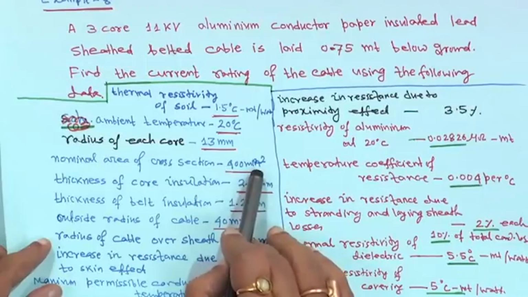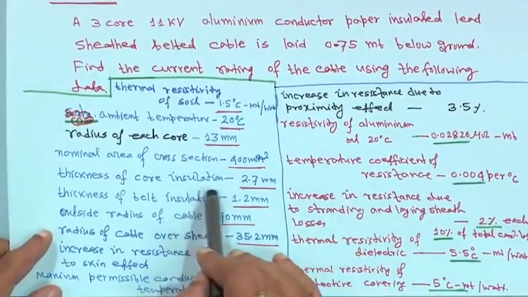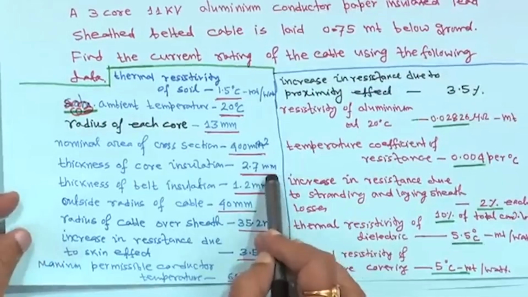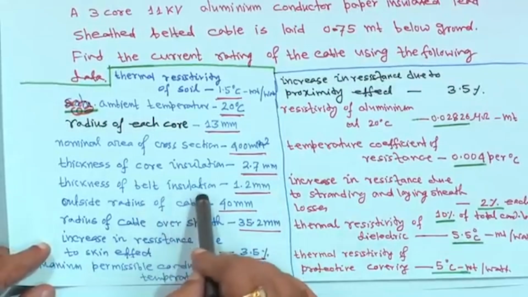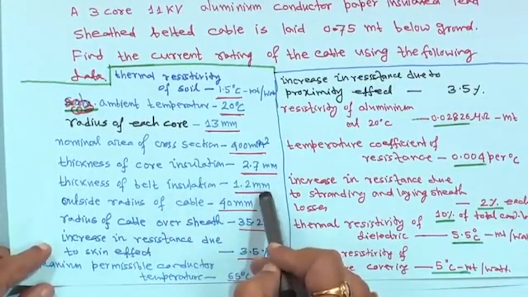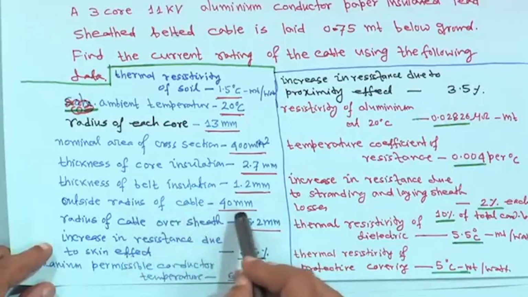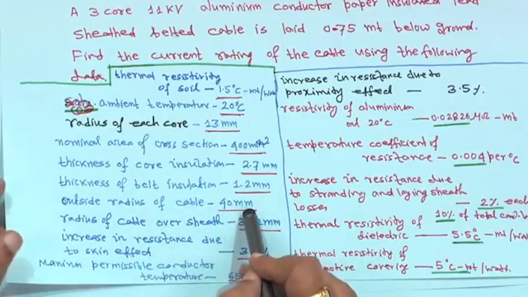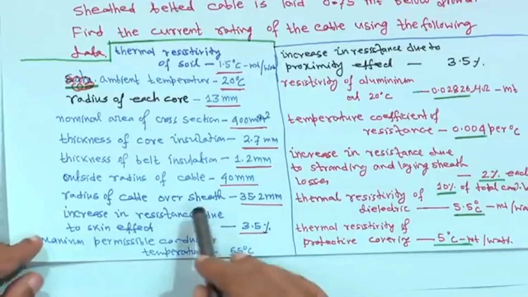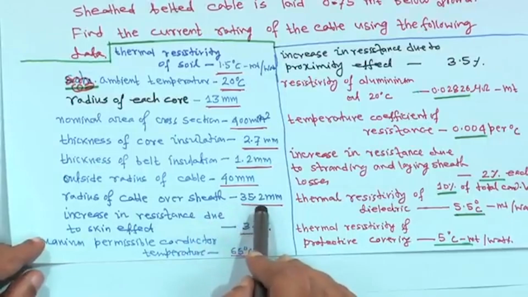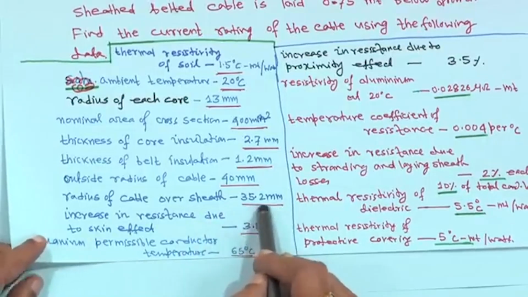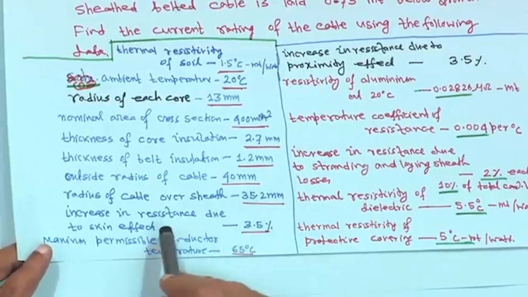Thickness of the core insulation is 2.7 millimeter, right. Thickness of belt insulation is 1.2 millimeter. Outside radius of cable is 40 millimeter, that is 4 centimeter. Radius of cable over sheath is 35.2 millimeter, that is 3.52 centimeter.